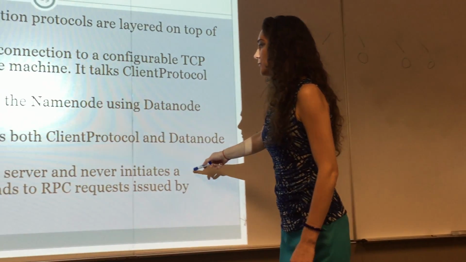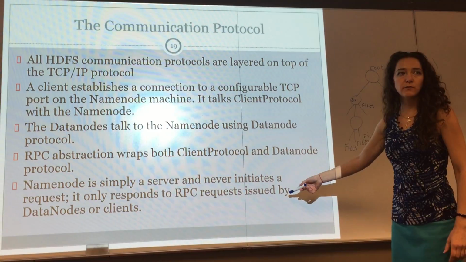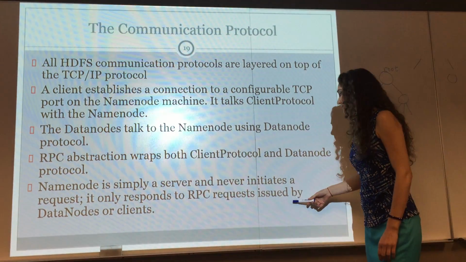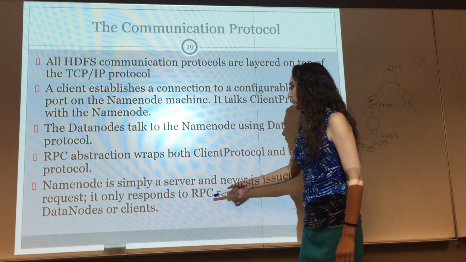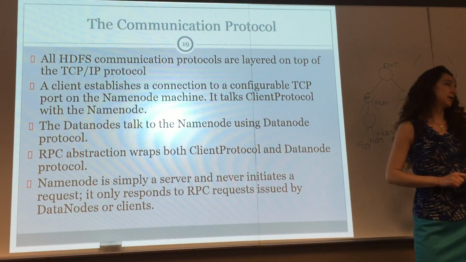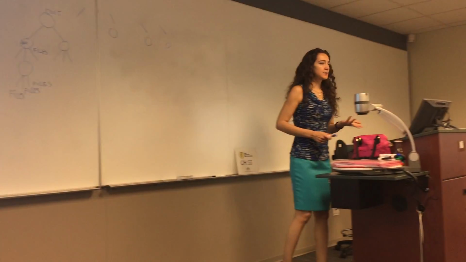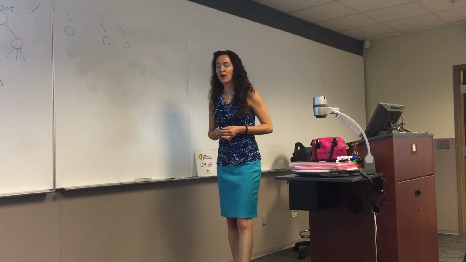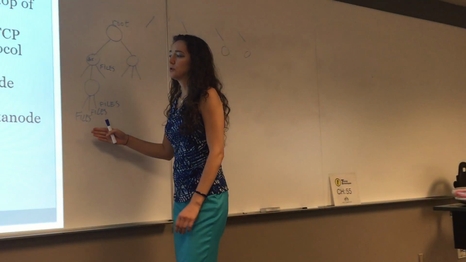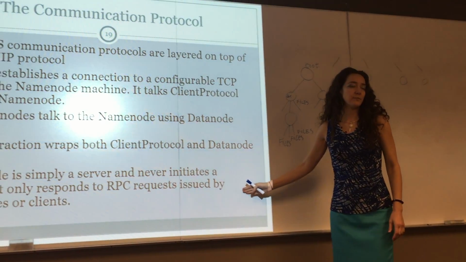The name node does not issue requests; it accepts requests from the data nodes and responds to any remote procedure calls or requests that the data nodes and the clients make to it. They usually will make requests to ask where the blocks of a particular file are, and if new files are created, they're going to tell the name node what these files are and where the pieces are located.